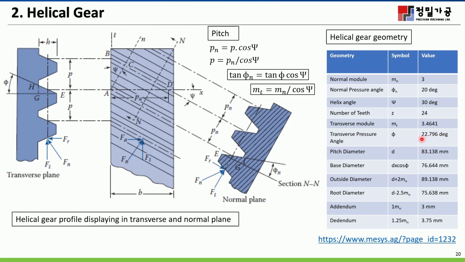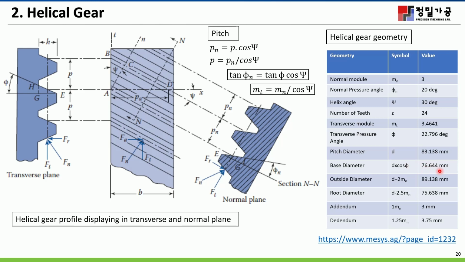Okay, we know 22.7, something like this, and then the pitch diameter about 83.138. The pitch diameter is the transverse module multiplied by the number of teeth, and the base diameter is the pitch diameter multiplied by cos of the transverse pressure angle.